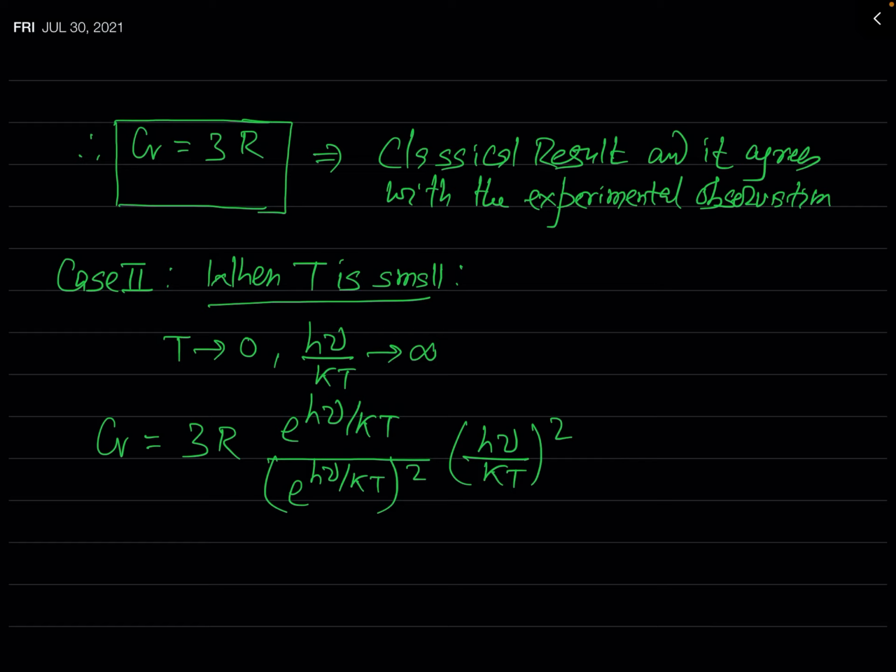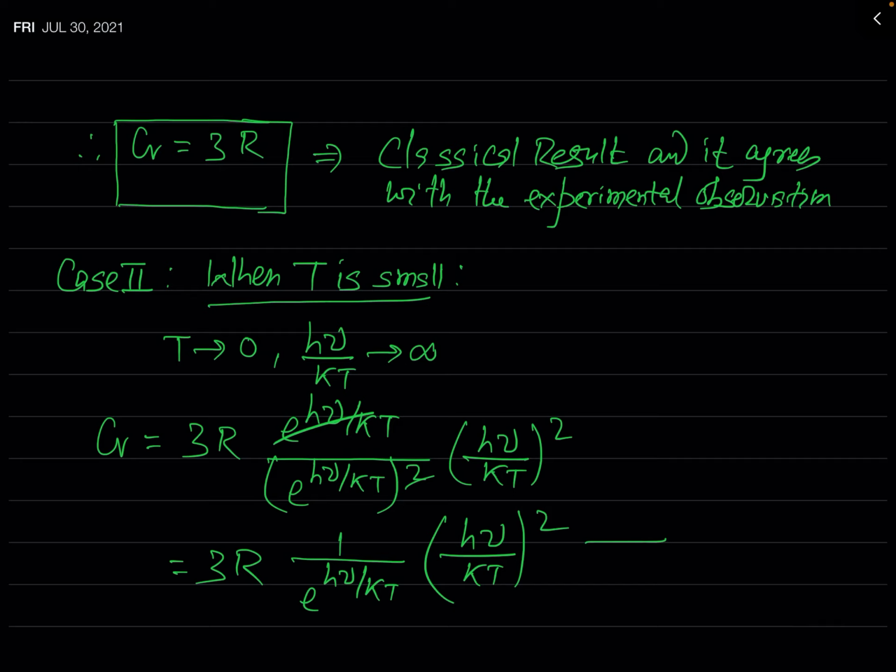You can see, now this e to the power hν/kT and this square will cancel out. So this Cv is equal to 3R, 1 over e to the power hν/kT times (hν/kT) whole square.